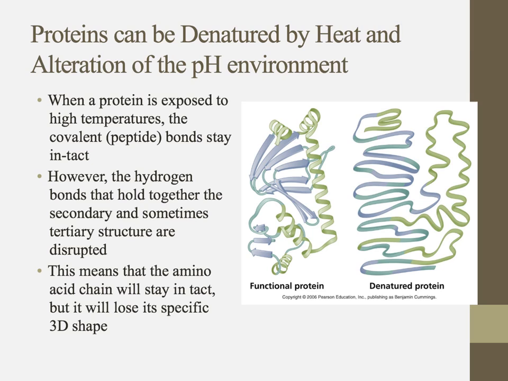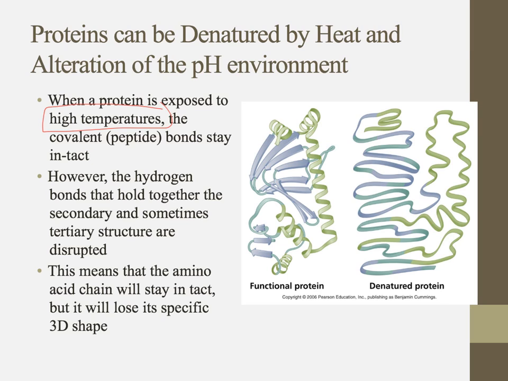So let's talk about temperature first, okay? And here we're going to limit our discussion to high temperatures because cold temperatures don't really do much in terms of denaturing proteins, okay? But high temperatures can do some really gnarly things to these proteins. Now, it's important to note that the covalent bonds that hold the amino acids together stay intact. You cannot really destroy these covalent bonds by adding heat.